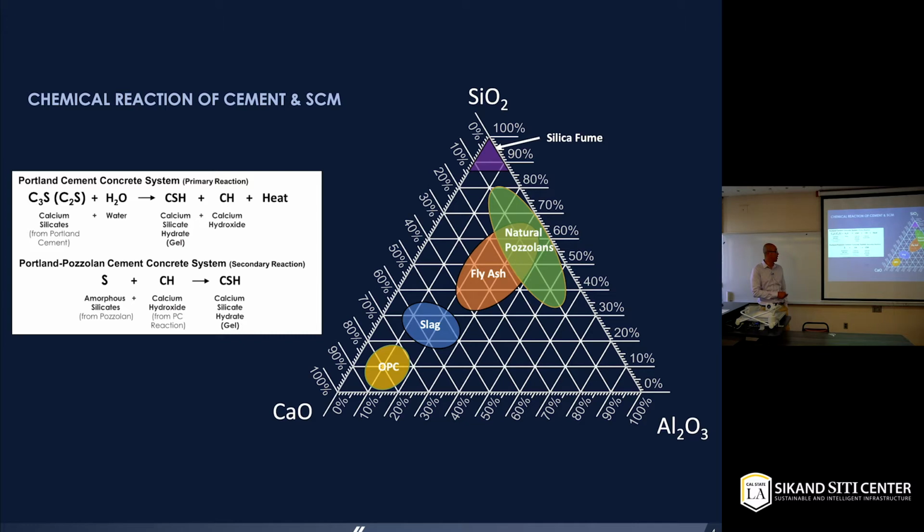It doesn't have as much silicate as fly ash and natural pozzolans, but it does have about 20 to 30% silicate, so it can help reduce the CH and form more good stuff in your concrete mix. And what you need to do when you're using slag instead of fly ash is add more slag to your concrete mix compared to fly ash, to ensure the same amount of chemical reaction takes place in your concrete mix.